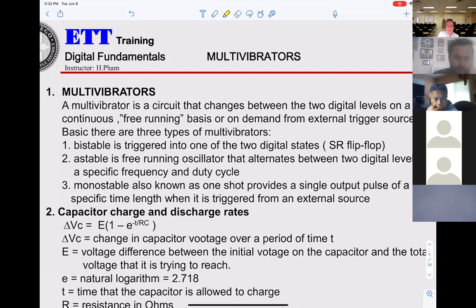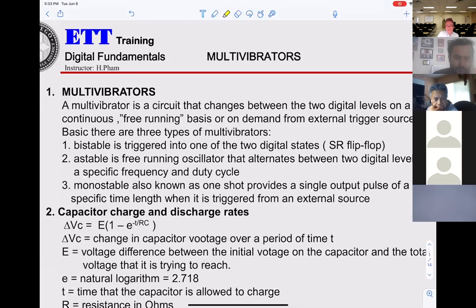So you can see the difference between the three. The first one works just like a flip-flop. A flip-flop will have two outputs, normally Q and not Q. But we deal with Q only, okay? We're not doing anything with not Q. So Q will be either equal to 1 or equal to 0, okay? That's what they call a bistable.